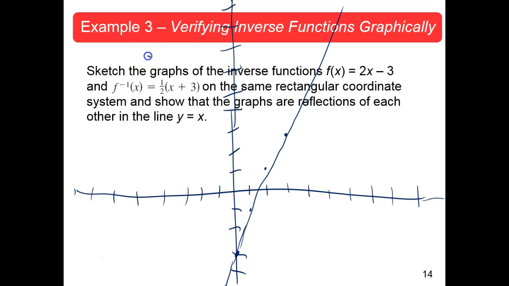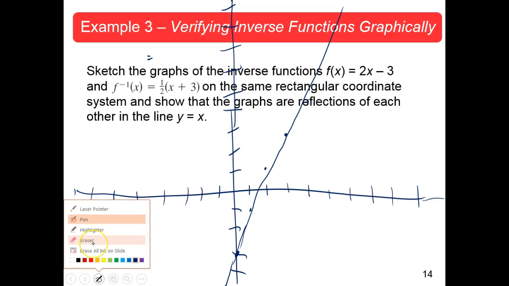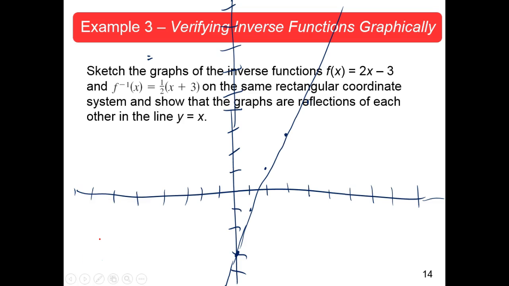If we wrote it in a neater form, in a different color so we can distinguish them, red, okay. So this F inverse is, I'm going to distribute the 1/2. It'd be 1/2 x plus an ugly little 3/2.